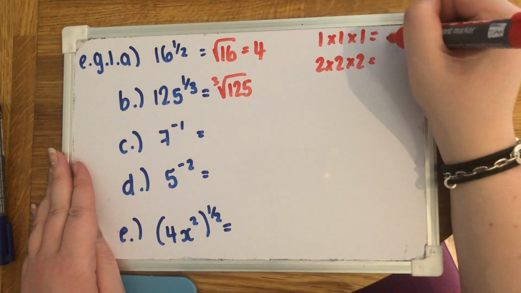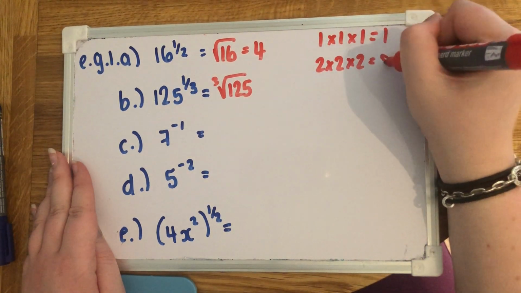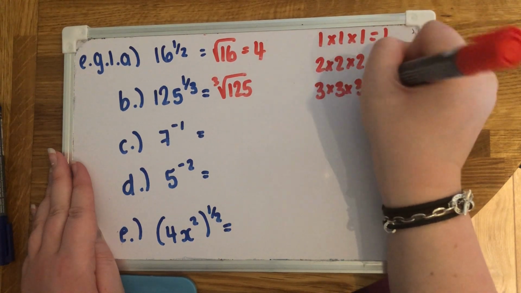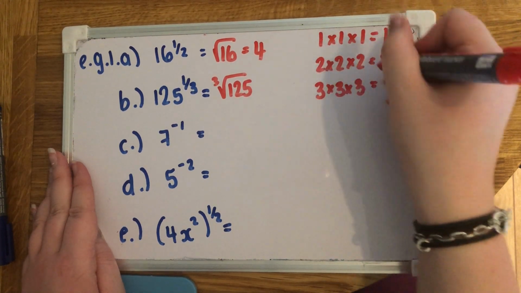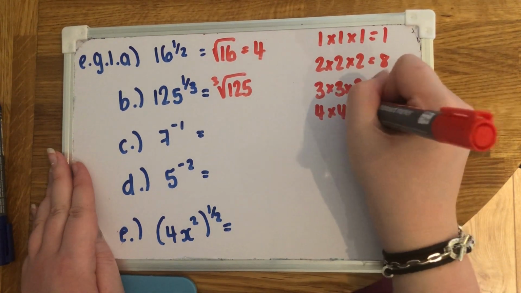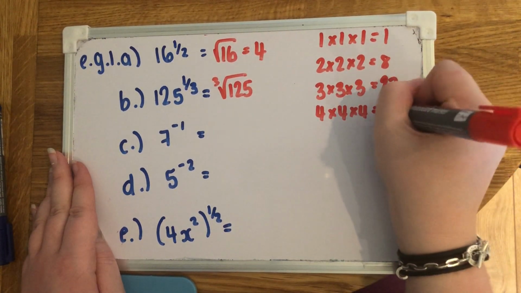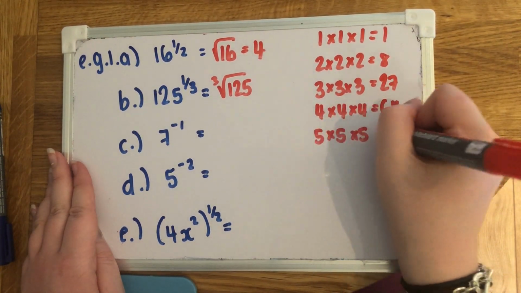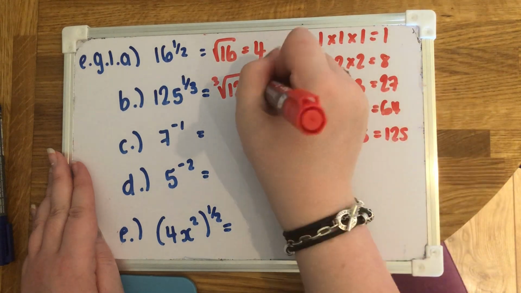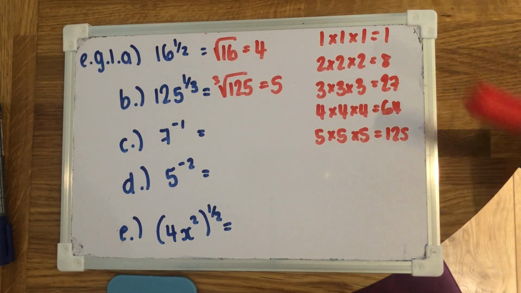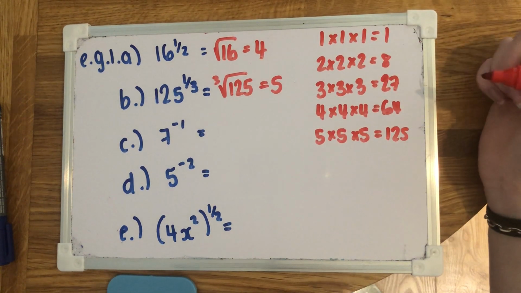So 1 times 1 is 1, it would be 1. 2 times 2 times 2 we've said is 8, so if we try 3. 3 times 3 is 9, 9 times 3 is 27, so it can't be that. 4s, 64, can't be that. 5s is 125. Cool, so that's going to be 5. Okay, it is okay to do this sort of thing, especially if you're just starting as well.